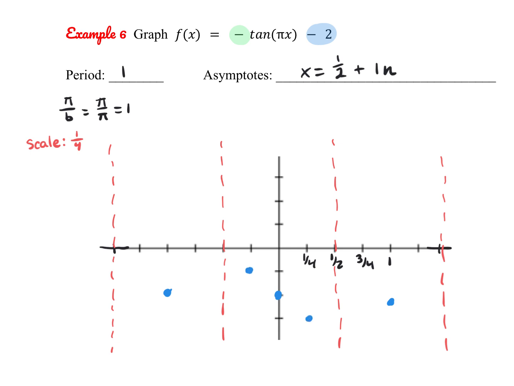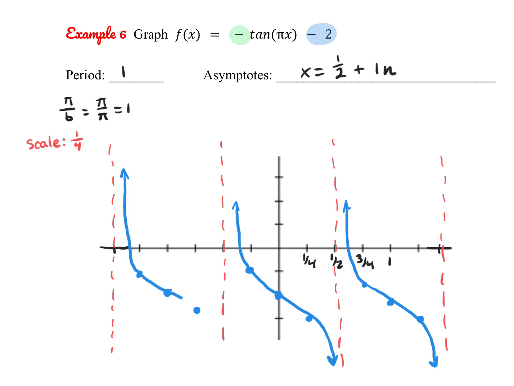And I'm going to do the opposite on the left. So you'll see that our graph ends up decreasing in each period like this. And so we go down 1 to the right, and then up 1 to the left. And again, that vertical distance is still 1. It's just in the opposite direction because of the reflection.